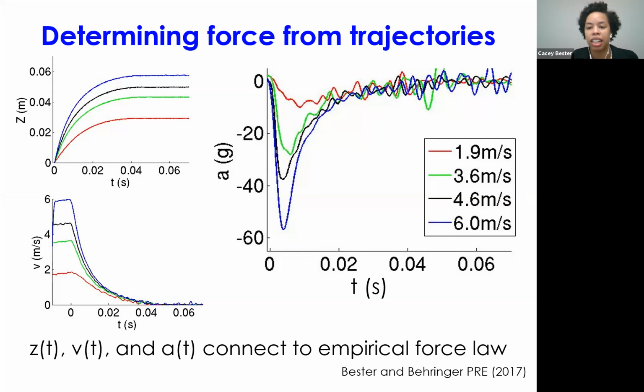That indicates to us that that's some physical fluctuation that's happening as our projectile is penetrating and coming to rest in the granular media. And I'm going to actually show you all a bit later in the talk a connection to those fluctuations in the acceleration.